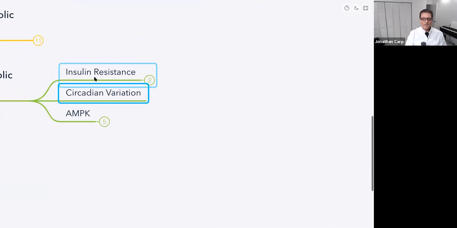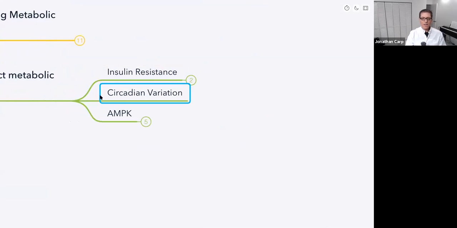Circadian variation is going to impair your ability to be metabolically flexible, meaning if you are not respecting your circadian rhythms, we've known for years that just one night of poor sleep affects glucose metabolism, affects your blood sugar for up to 48 hours.